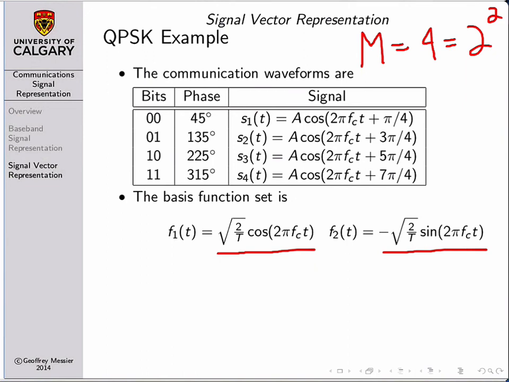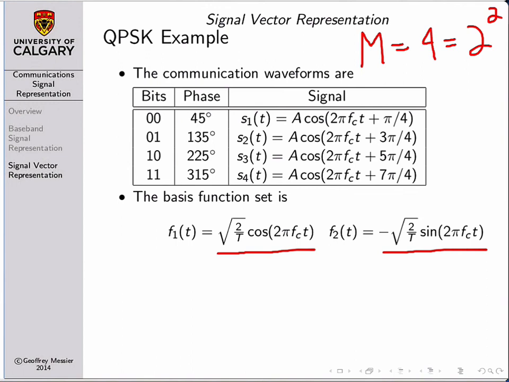Well, there is a technique called Gram-Schmidt orthogonalization, where you can take a set of modulated signals and construct a basis function signal set for them. I'm not going to go into Gram-Schmidt orthogonalization in any detail. You need to be aware that it exists, but practically speaking, we already know the basis function signals for all of the major modulation schemes that we're going to be using. And so these signals are basically given to us.